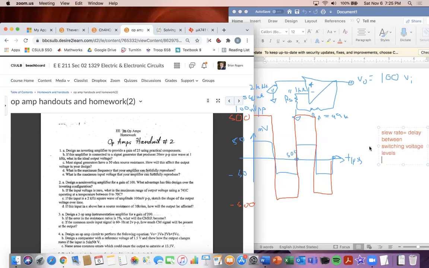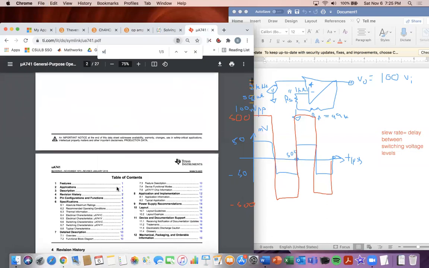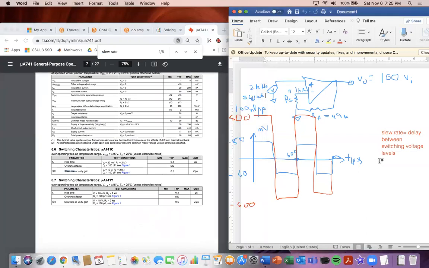And so for the slew rate, so you guys know, he either will provide it. If it's not provided and he says, what is it? Here, slew rate. It is 0.5 volts per microsecond. And so here it's going to be 0.5 volts per microsecond.